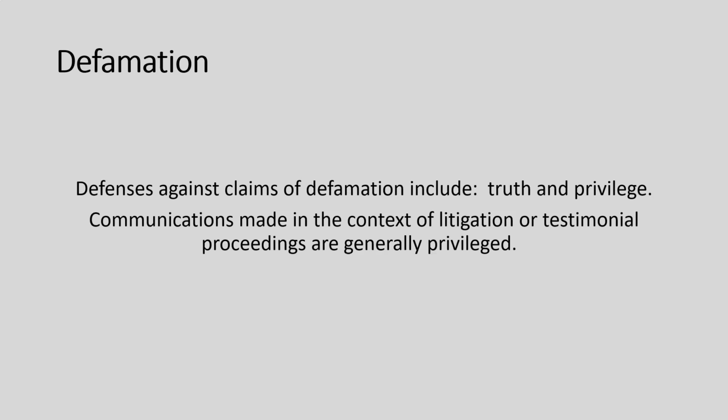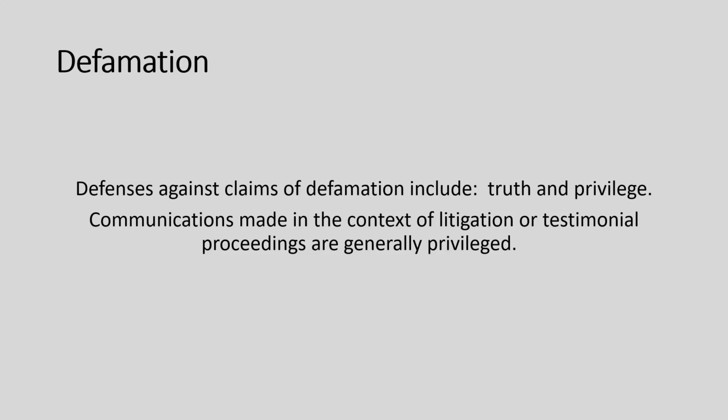The defenses against claims of defamation include truth and privilege. So if what Ann communicated about Bob is true, then truth is a defense. Communications made in the context of litigation or testimonial proceedings are also generally privileged.